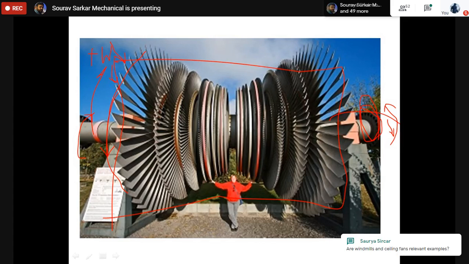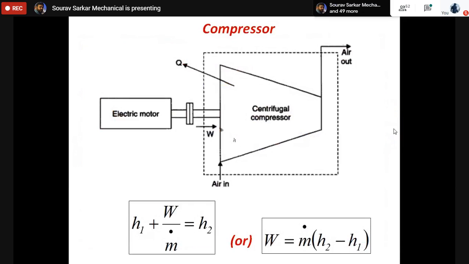Now if I consider one compressor, it will be easier. Suppose some air is entering with very low pressure, but finally you need a high pressure. The outlet air should have a high pressure. Now the question is, who will increase this pressure?